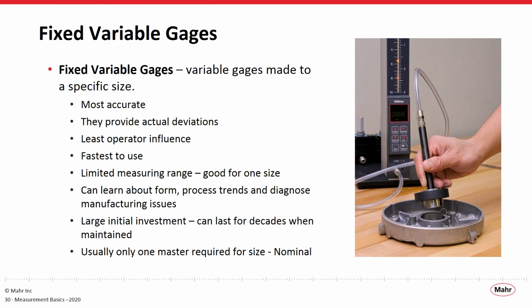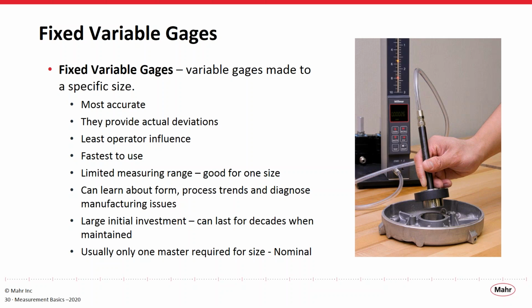It's good for one size. Because it's the most accurate, it has the highest resolution, down to submicrons. Therefore, you can learn a lot about the form and process trends, and help diagnose manufacturing issues. It's probably the most costly per measurement available, but you're getting the best results, the fastest results, and the easiest to use.